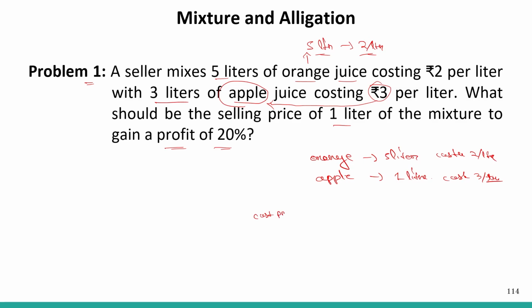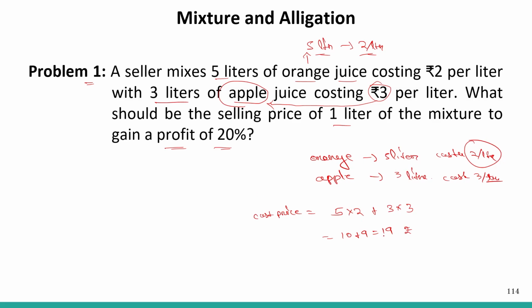Cost price will be equal to the amount for which orange juice was bought, 5 liters at 2 per liter, so 5 into 2, plus the amount invested in apple juice, which costs 3 per liter, and it is 3 liters, so 3 into 3. So it will be 10 plus 9, which is equal to 19 rupees. So this much amount of money will be invested.